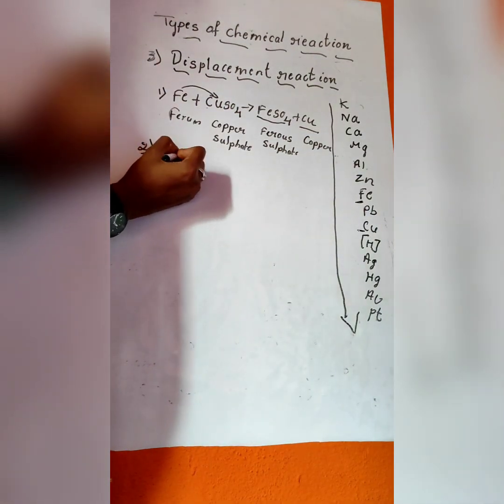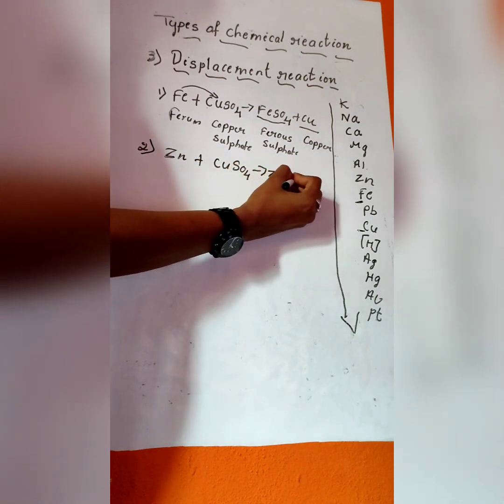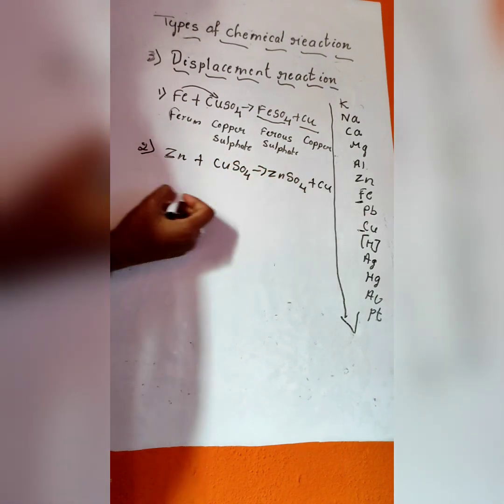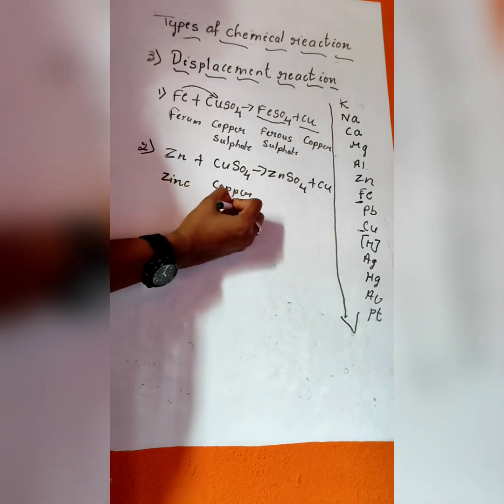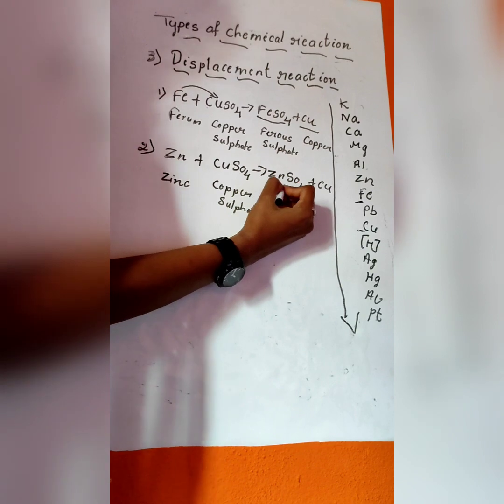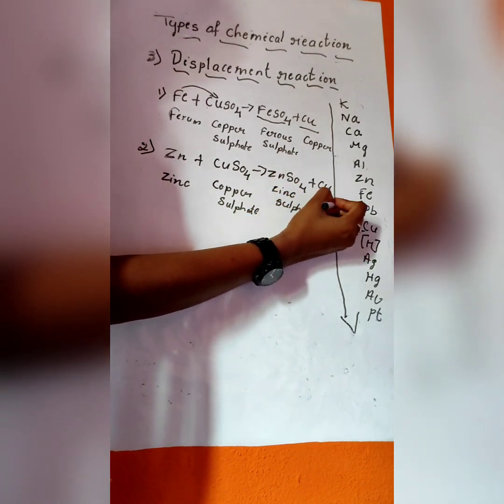Next example, zinc reacting with copper sulfate, forming zinc sulfate plus copper.